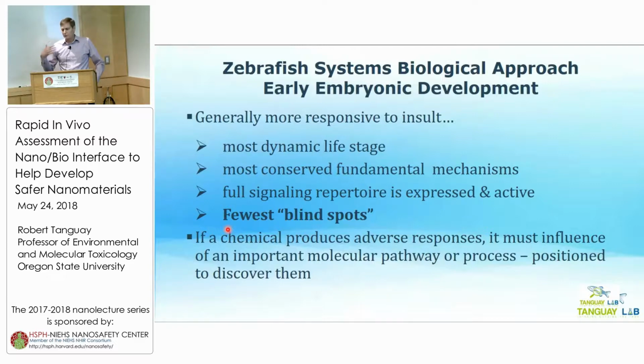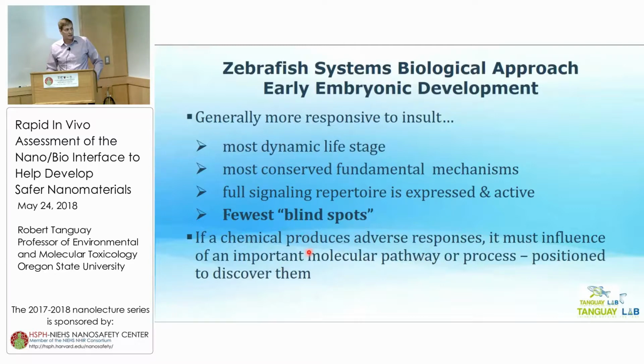So from a practical point of view, using zebrafish as the ultimate biosensor, you should have the fewest possible blind spots to your test agent. Because the only way a test agent could impact biology is if it hits something. It hits a gene product and modulates it in some way. And then that gene product is integrated with biology, and that's when you can see an endpoint or a phenotype.